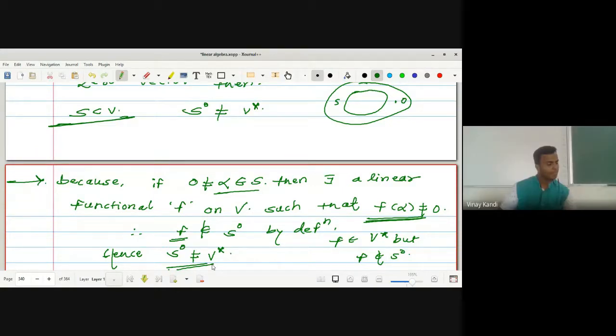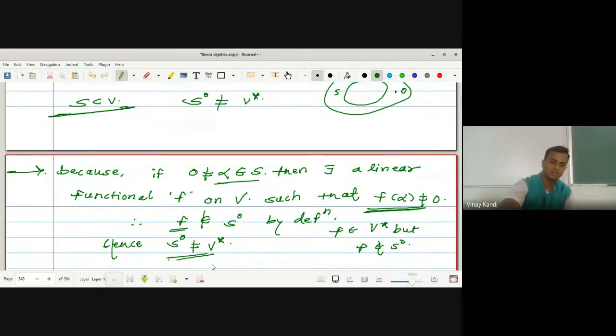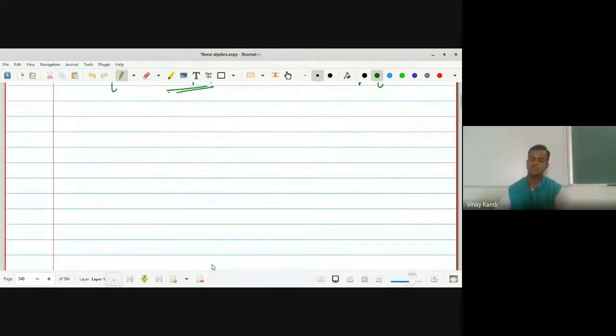Okay. Now the next theorem: the annihilator of S is a subspace of V star. We have to prove that.